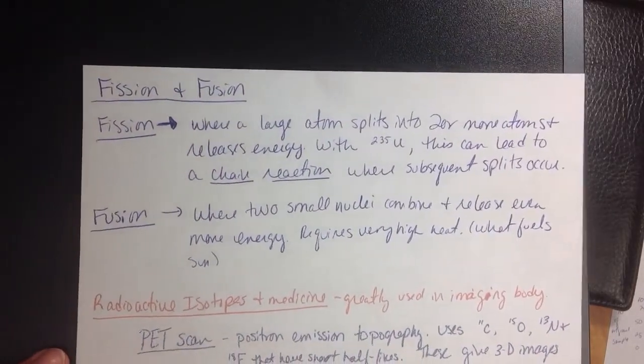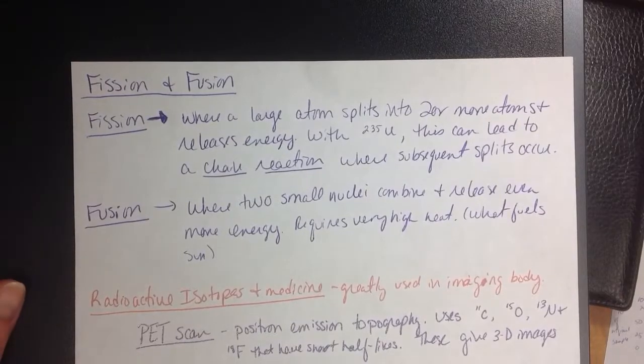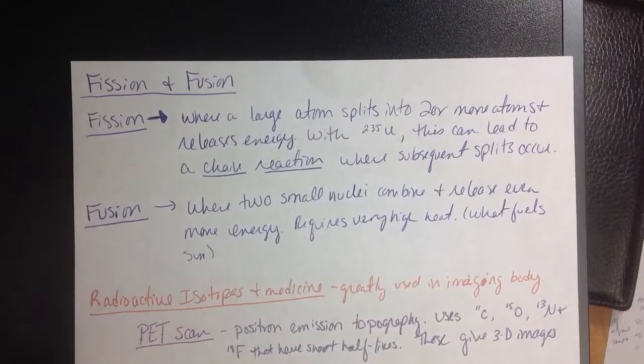Whenever you talk about radioisotopes, it's important to talk about fission and fusion. Fission is where a large atom splits into 2 or more atoms, and it releases energy with that process, like we have in atomic bombs. Uranium-235 can lead to a chain reaction where it subsequently splits into other things.